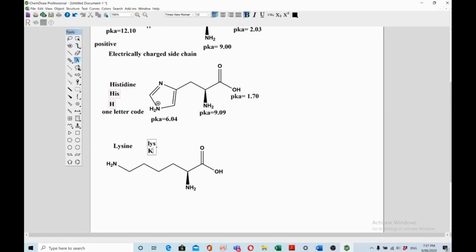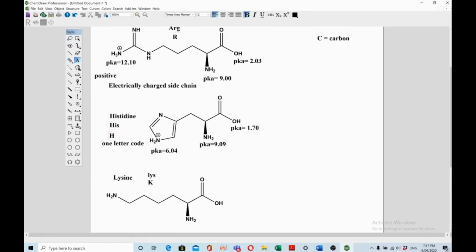If I write from this data RHK, then by looking at the 1-letter code, you can find out that this is a sequence which contains arginine, histidine, and lysine, and these are positively charged amino acids.